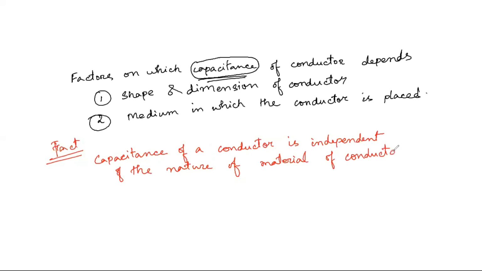It does not depend on the type of conductor, what material you use. It only depends on the shape, dimension or size of the conductor, and on the medium in which you place this conductor. So these are the factors on which capacitance depends, and this is the factor of which capacitance is independent.